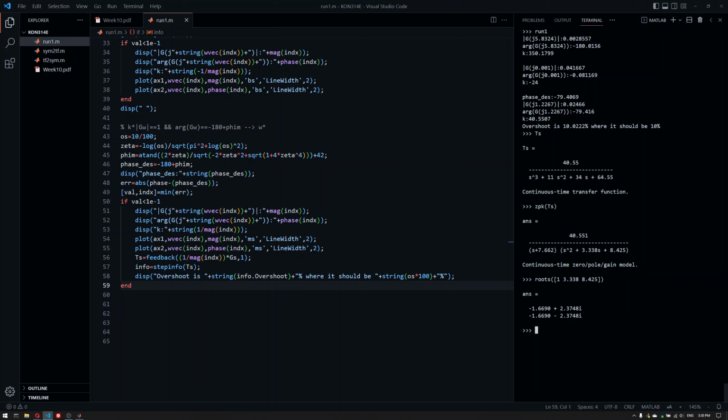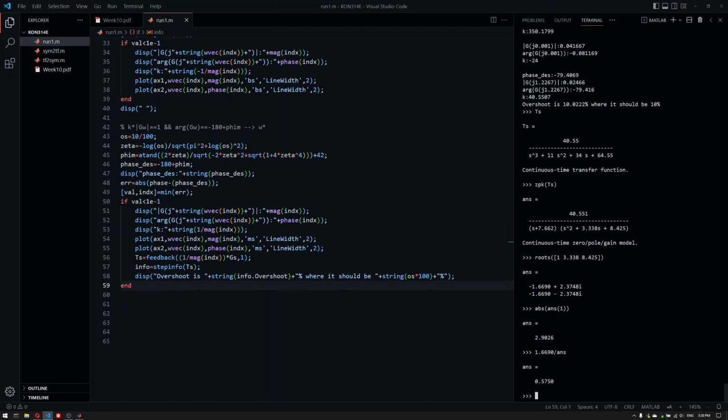And yeah, what happens if we look at the answer of one of them? We get 290. So if I divide this into our answer here, I get 0.57. So you can see that this kind of corresponds to the zeta value that we're looking for, and since the pole is far away, it's kind of dominant here.